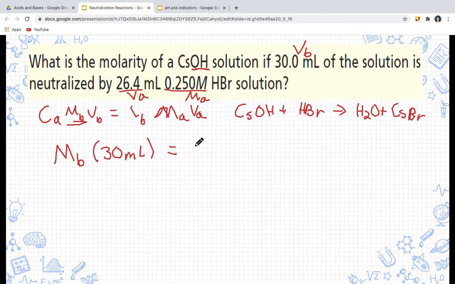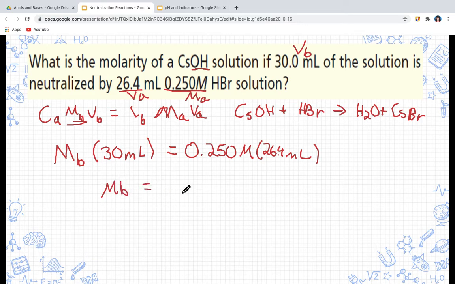Molarity of our acid is 0.250 molar, and then we have 26.4 milliliters for the volume of our acid.